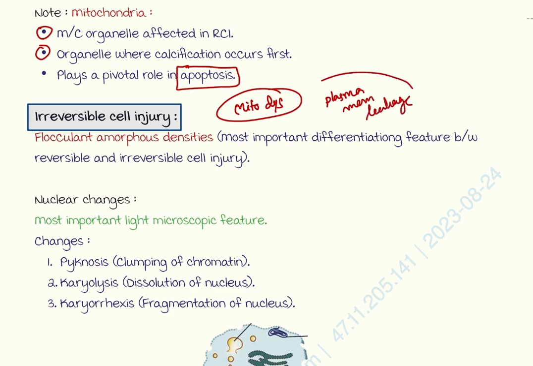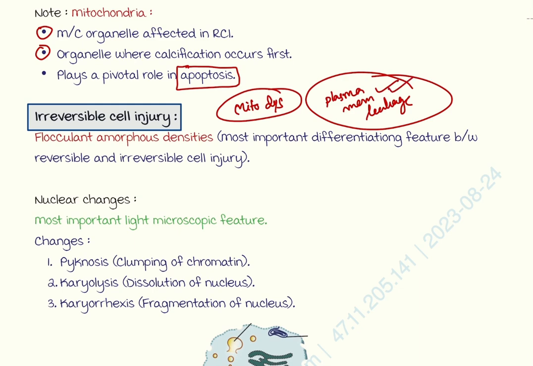And this is irreversible, meaning you cannot reverse the condition. The cell injury can be reversible, can be irreversible, or it can be free radical injury, or endoplasmic reticular stress. So irreversible cell injury is a mitochondrial dysfunction and plasma membrane dysfunction.